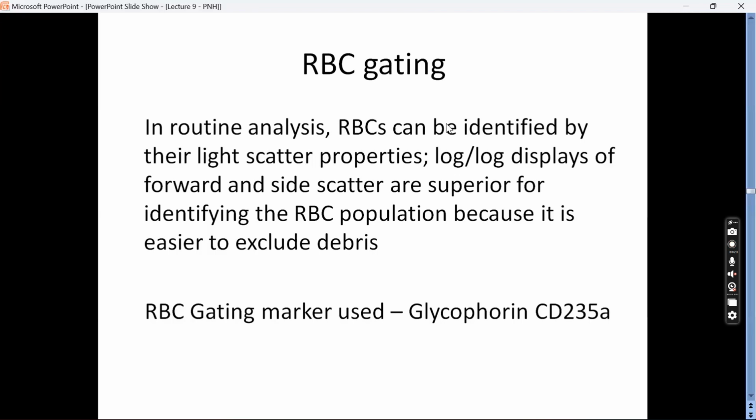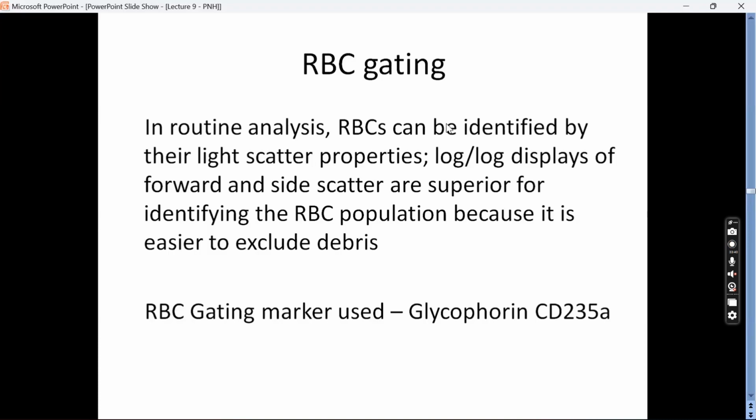So you should use a gating marker for PNH assay to isolate the neutrophils, monocytes or RBCs, but make sure that the gating marker is not a GPI linked marker. Understood? So CD14 you should not use for monocyte gating in PNH assay.